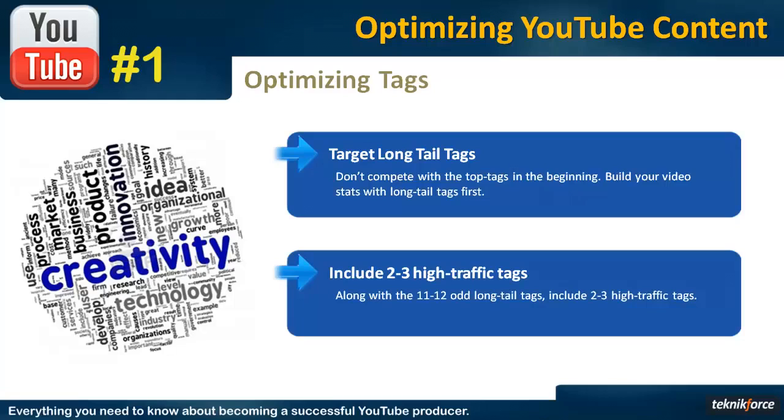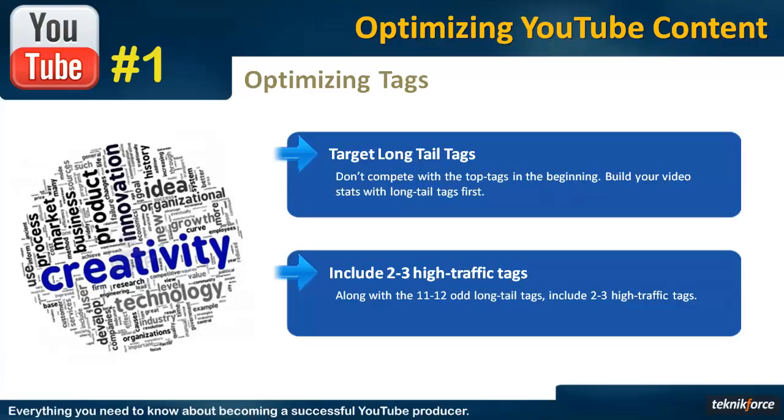Now the long tail tags are searched a bit less often and you will get a lesser amount of traffic from them, but they're also very low in competition, and you will find it easier to rank for them.